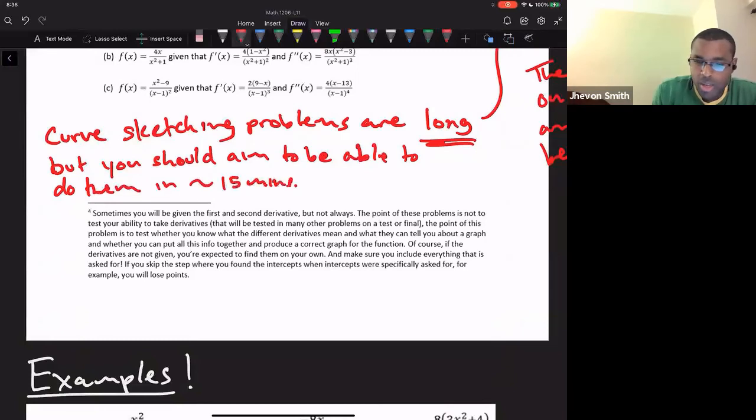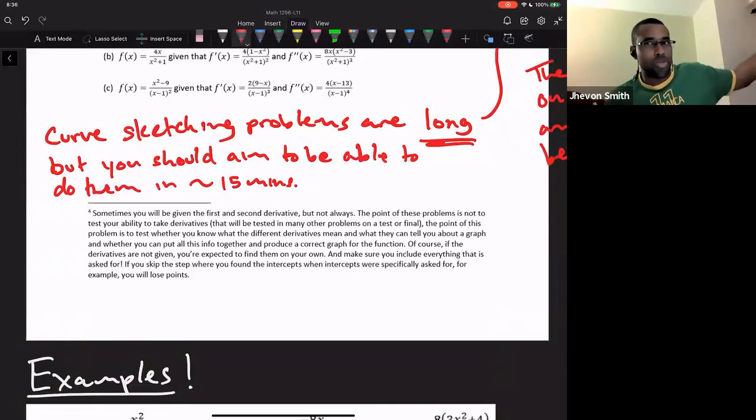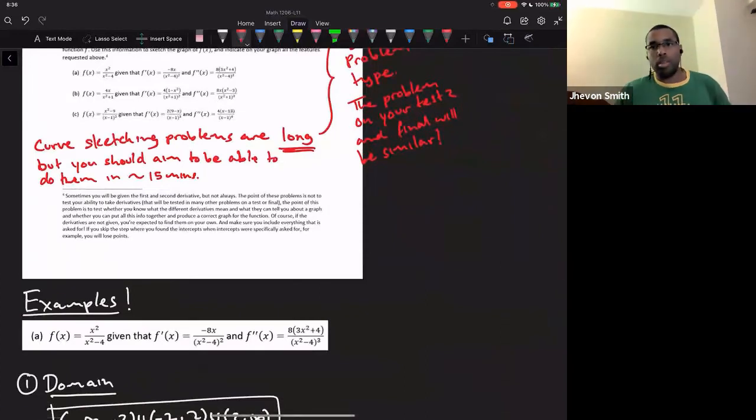You don't want to spend longer than that on a curve sketching problem because you're probably going to run out of time on something else. So when you're practicing for the test and you're practicing some of the practice problems, just try to get through a problem within like 15-ish minutes or so.